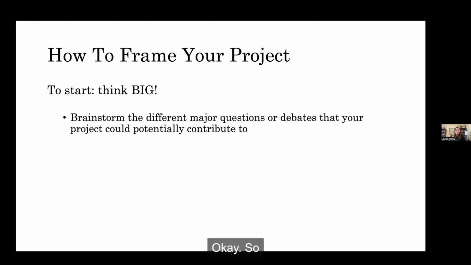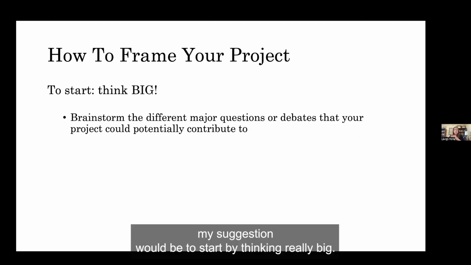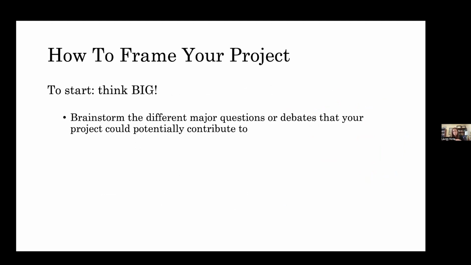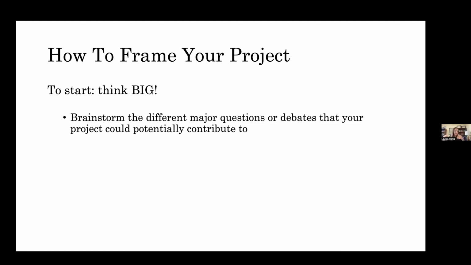Okay, so in moving to the how-to component of this, my suggestion would be to start by thinking really big. So at this point, I know that you had a session on research questions last week. So imagining that you already have some idea of what your topic is, what your research design may be, what your research questions are, and then abstract away a bit and brainstorm, really brainstorm, thinking big.